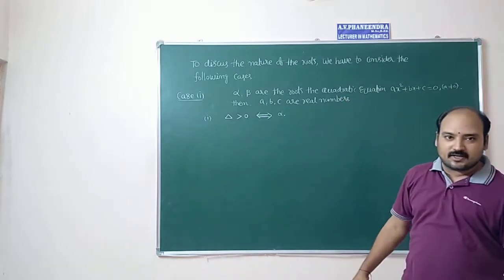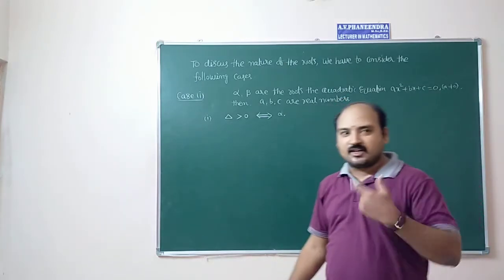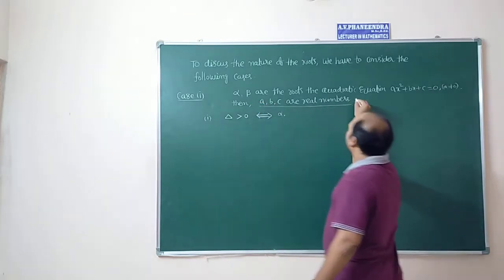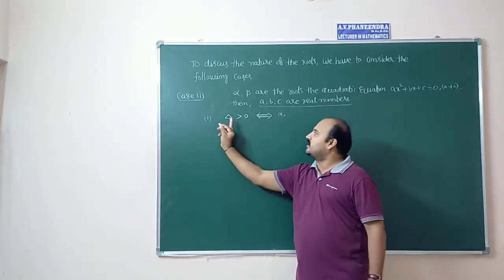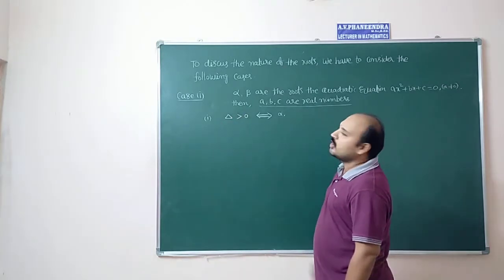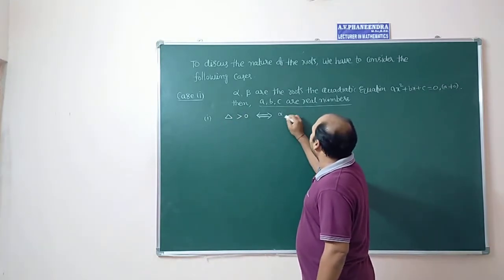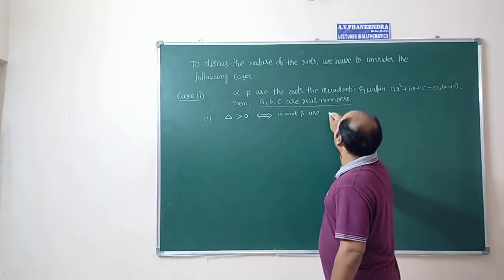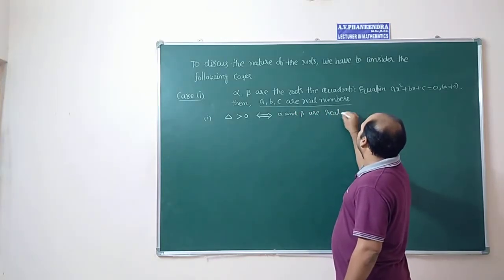Real numbers is one case and the second case is rational numbers. So a, b, c are real numbers. In that first case, delta is greater than 0 if and only if alpha and beta are real and distinct.